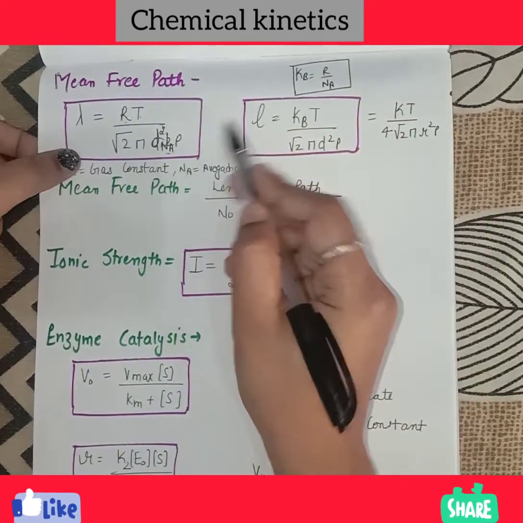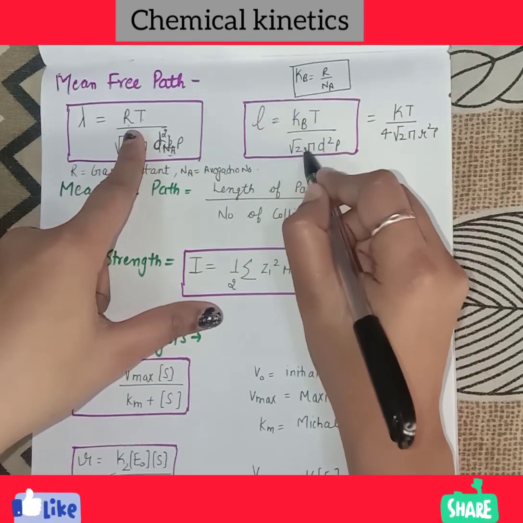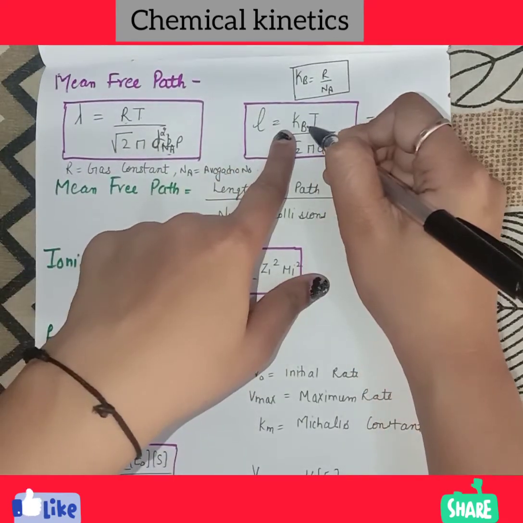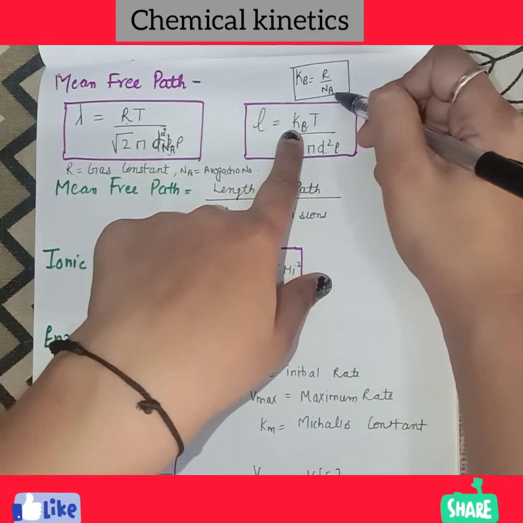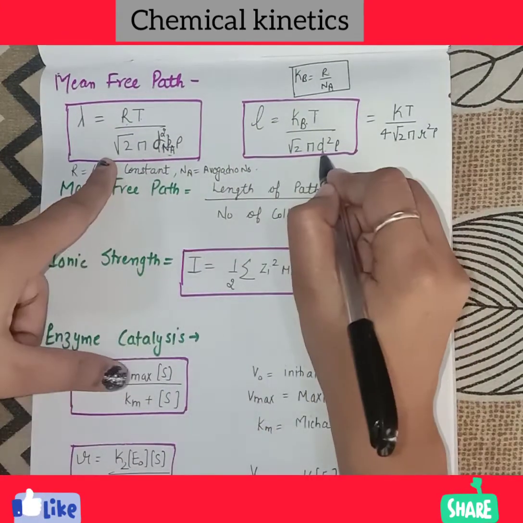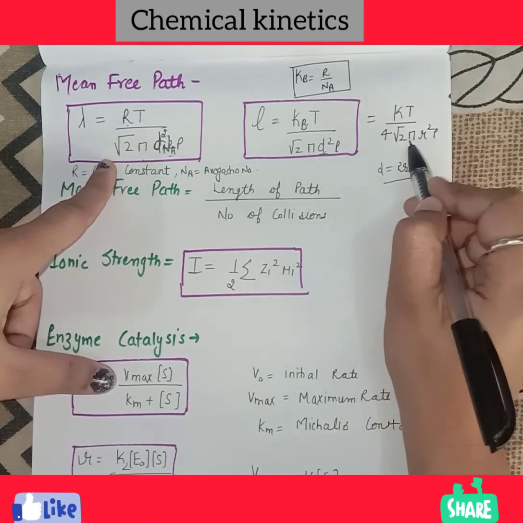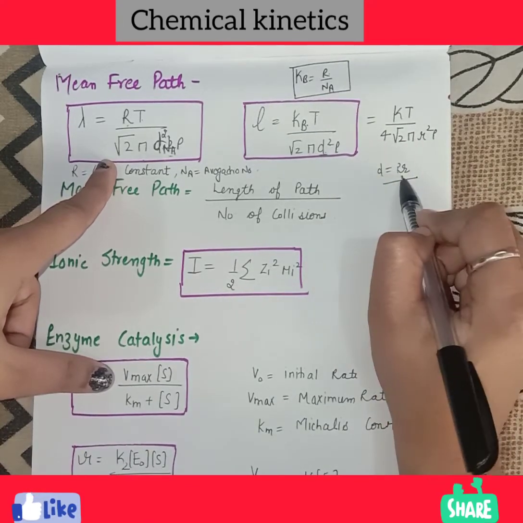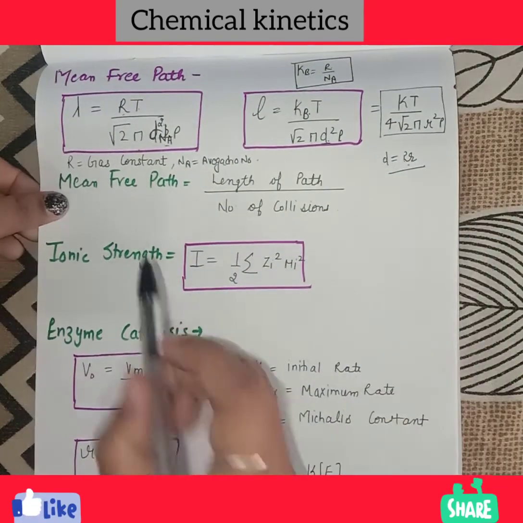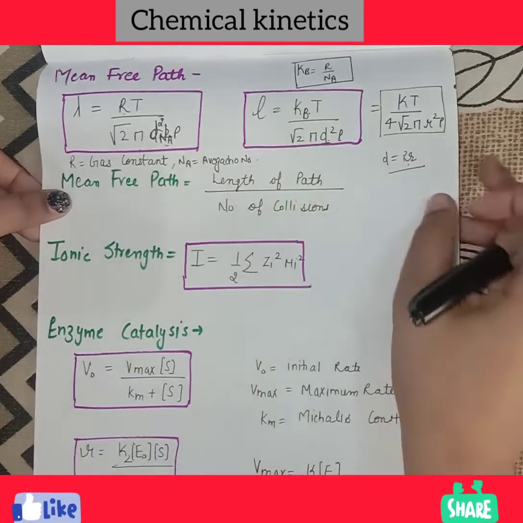Here is another formula, kBT upon root 2 pi d square P. If we put kB equal to R upon Na, then the value of mean free path is this one. And if you put diameter d equal to 2 into radius, so d equal to 2r, then the value of mean free path is this one. Mean free path is equal to length of path upon number of collisions.